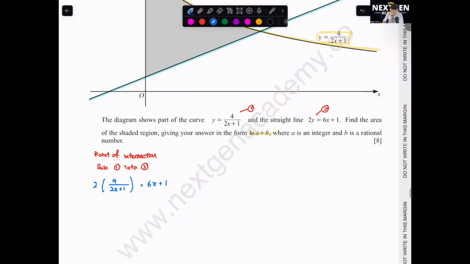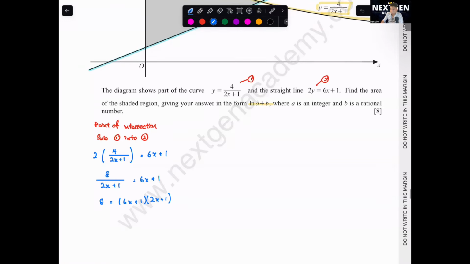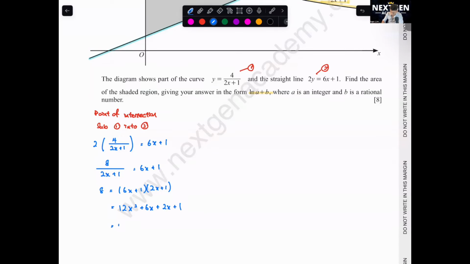Okay, simplify this whole thing. 8 over 2x plus 1 equals to 6x plus 1. Multiply it up, 6x plus 1, 2x plus 1. Open out bracket. This will be 12x squared plus 6x plus 2x plus 1, where we get here 12x squared plus 8x plus 1.